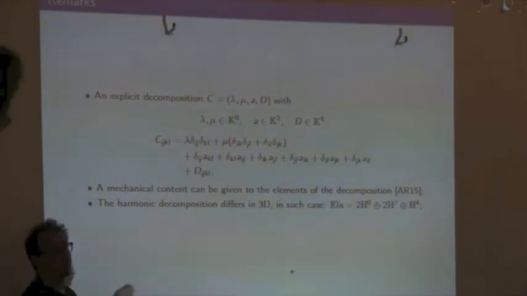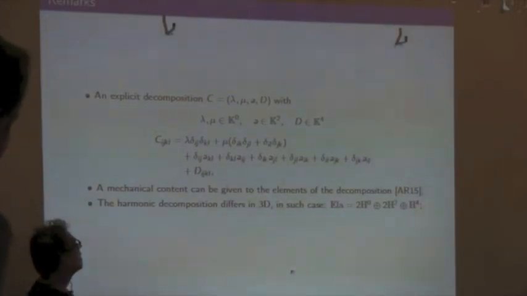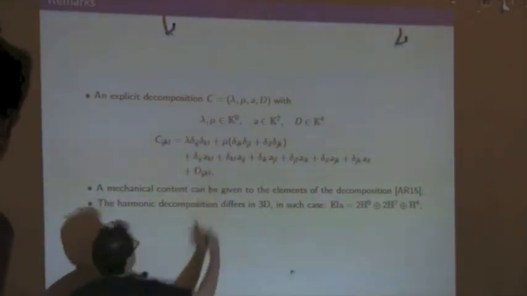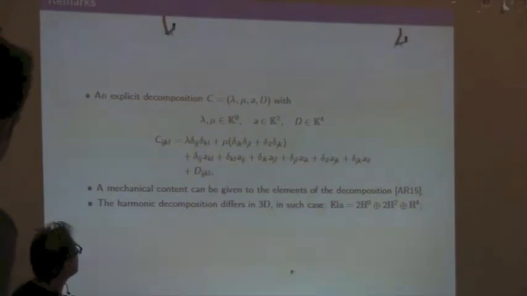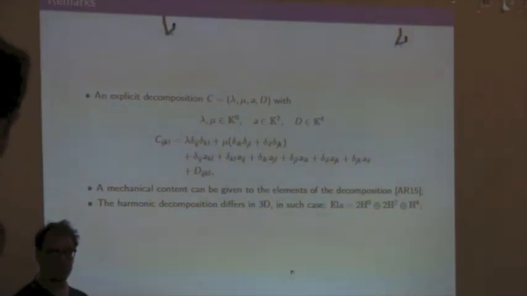This formula is not unique because you can define some combination of lambda and so on. Something important is that the harmonic decomposition in two-dimensional space is not the same as in three-dimensional space. Each physical space has its own decomposition.